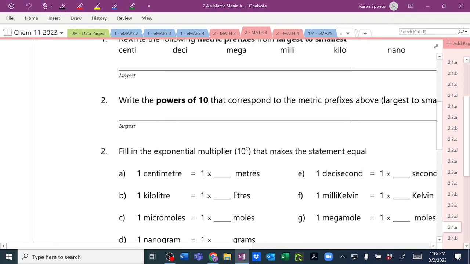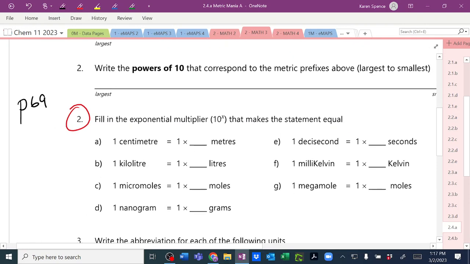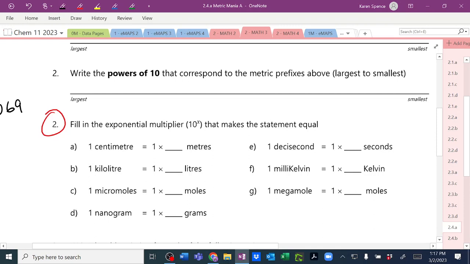So this is on page 69. And we're looking at the second question too. And let's look at A. We're going to fill in the exponential multiplier that makes the statement equal.